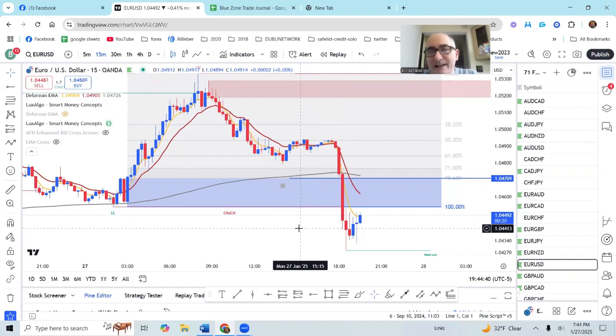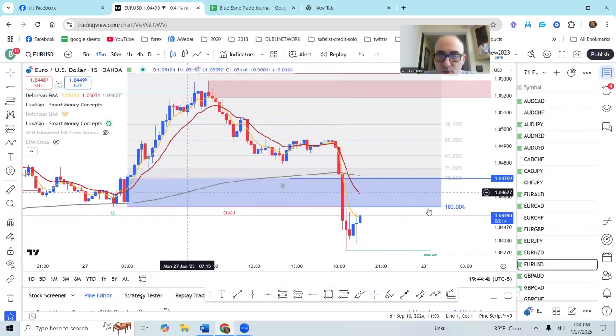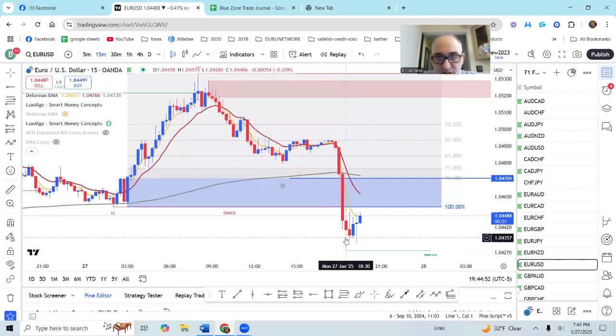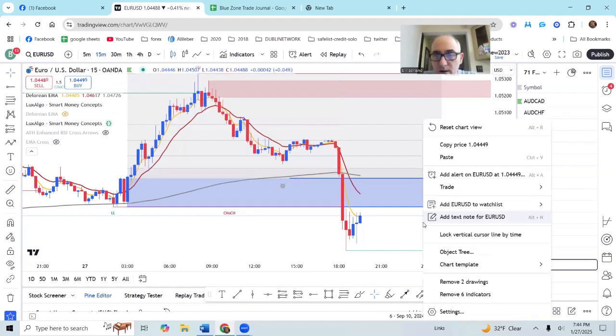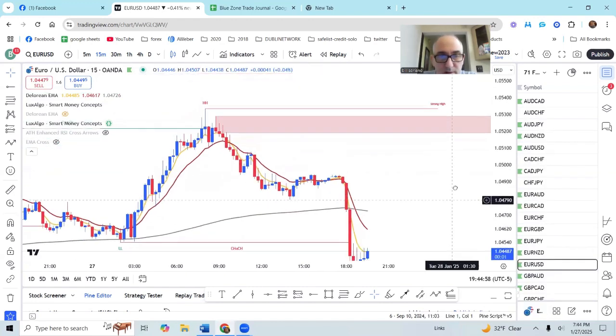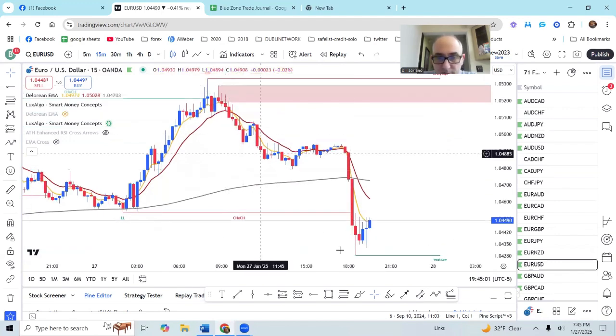It won't respect the area, and it will invalidate the area. Once that happens, you could see there's no more order block in there. It's not shaded there anymore. We now have a new change of character here, and we have a new order block right here.